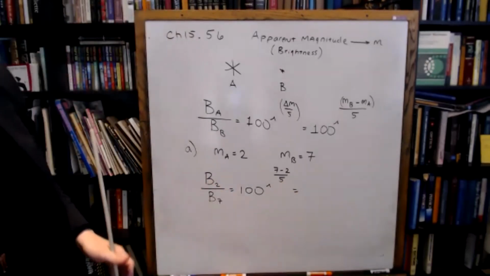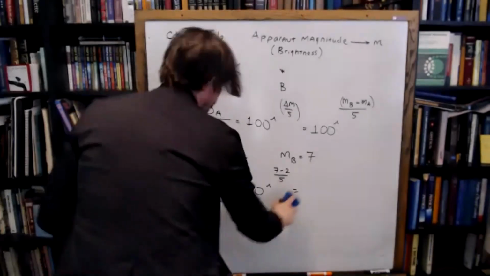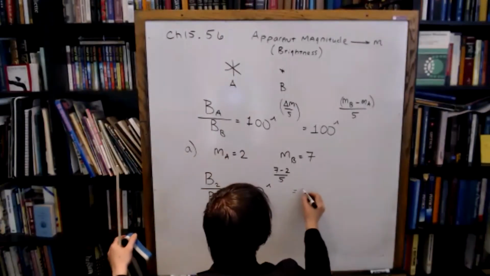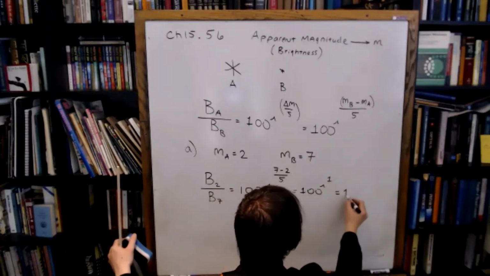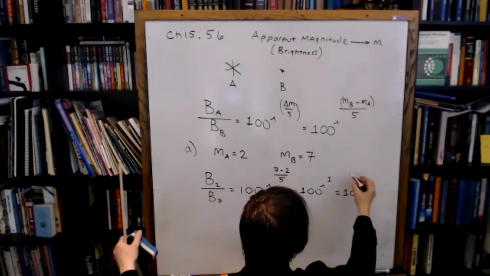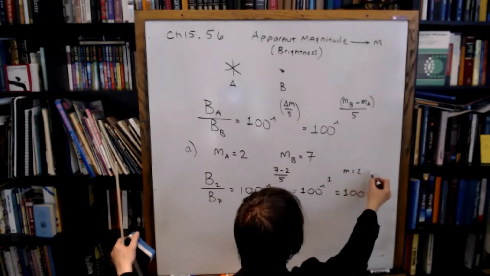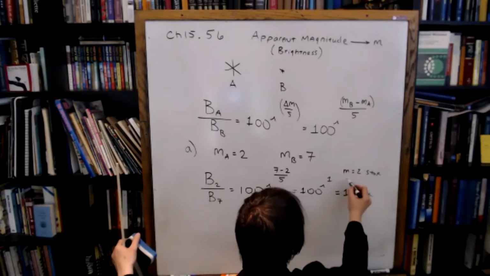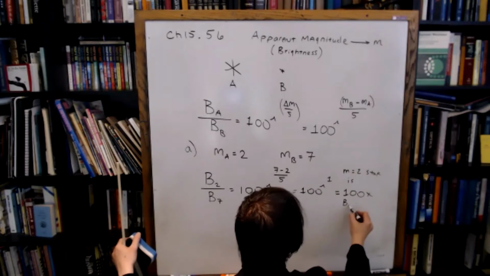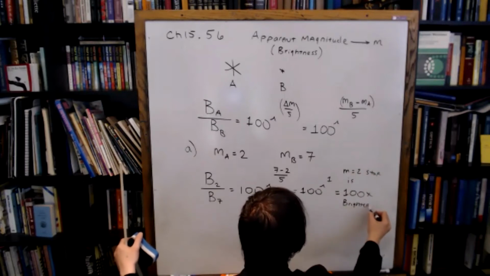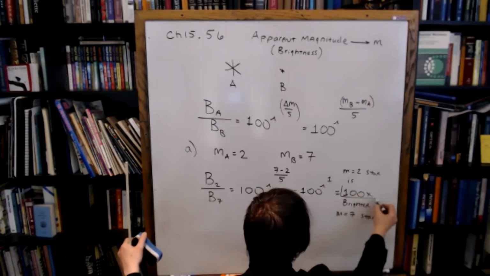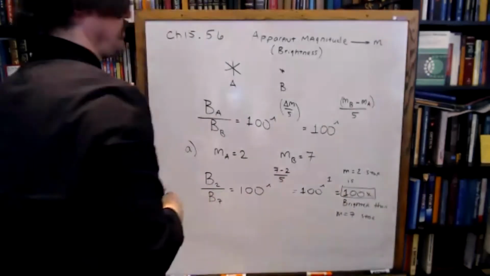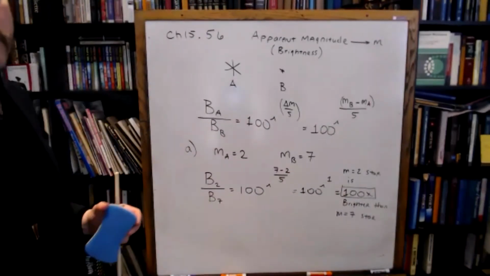What does that turn out to be? It's just 100 times. That's right. It's 100 to the power of 1, which is 100 times brighter. So we could say a magnitude 2 star is 100 times brighter than a magnitude 7 star. Write that down next to your 100 times. Can you guys read that nonsense?